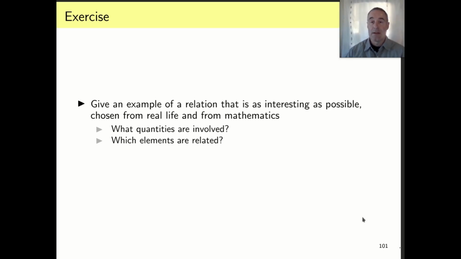And we could give it arguments that are the set of all integers for both the first argument and the second argument. So 4 is greater than 3, 7 is greater than 2, and so on. How about a relationship from real life? A relationship from real life might be mother. So, Mary is John's mother, Sue is Bill's mother, and so on. Okay. See if you can think of a few more.